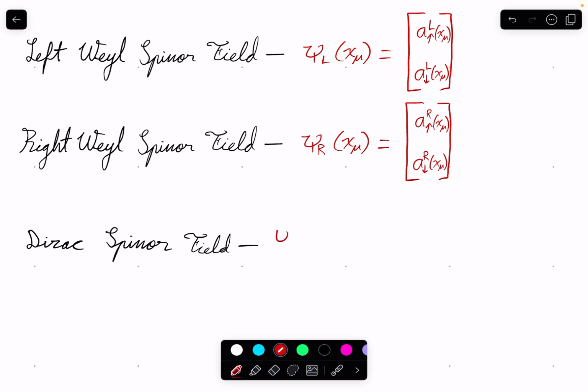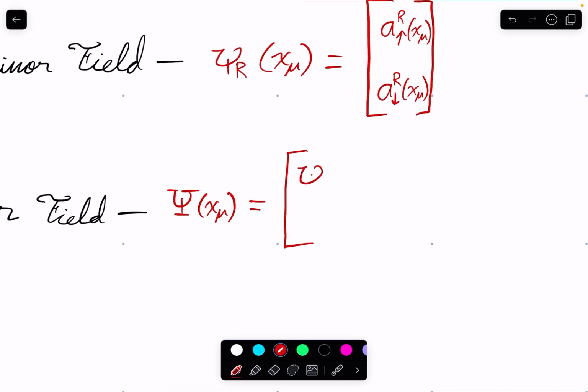This is typically written with a capital C, and it has different spinors.